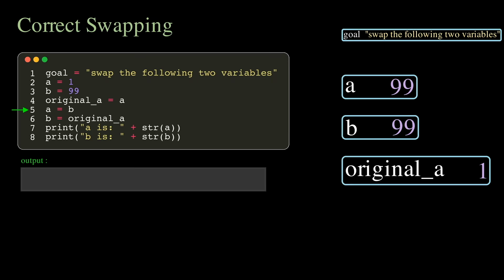And later, rather than assigning b with a, we assign b with the value of original a. And indeed, they swap. The lesson here: when we want to swap two variables in this manner, we need to be cautious, and we need to create an additional variable for help.